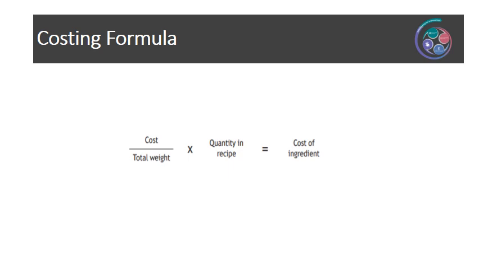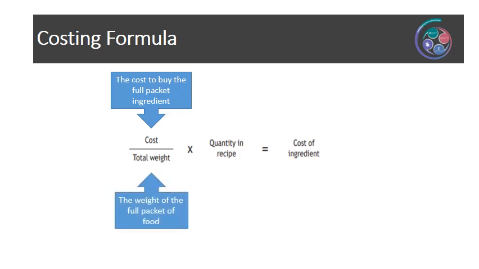So the formula given is the cost divided by the total weight times by the quantity in the recipe, and that is going to give you the cost of the ingredient. When thinking about cost, this is the cost to buy the full packet of the ingredient. So for example, a pack of pasta may cost 99p. The total weight is the weight of the full packet of food.